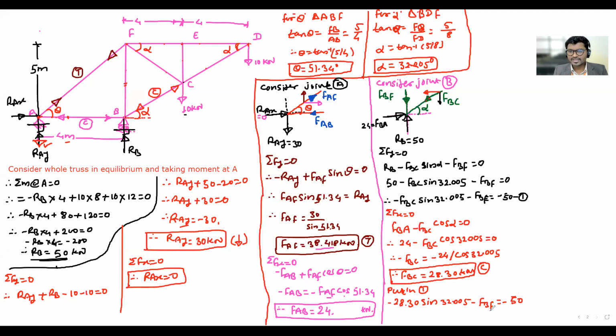Solve this and tell me BF, is it plus or minus? FBF is equals to 35.001. 35.001 comes out positive, right? Yes, sir. It will be positive.